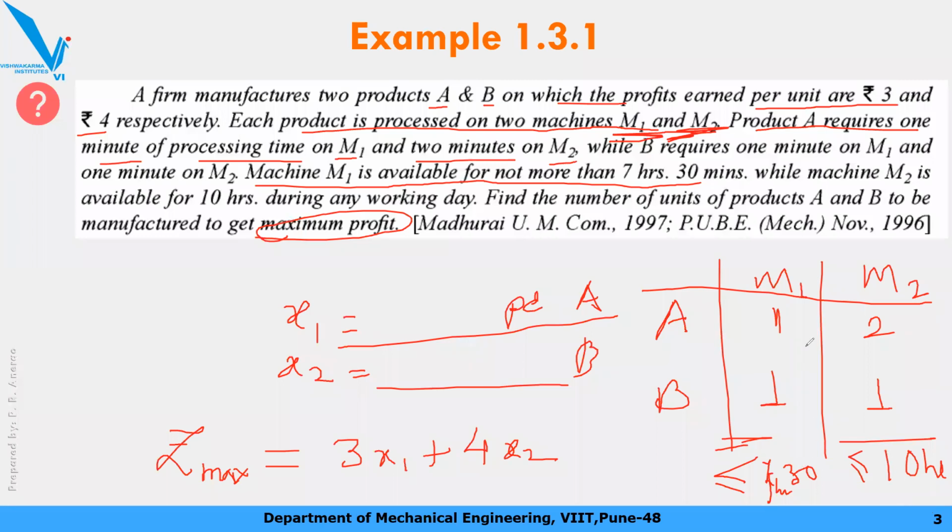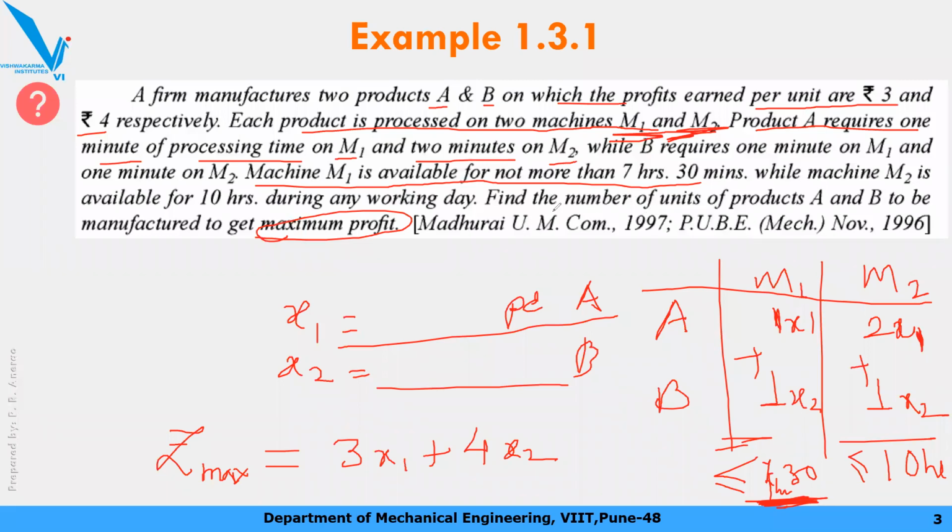Okay, so here you are going to get a constraint. So 1 into x1 plus 1 into x2 should be less than 7 hours and 30 minutes. We are going to convert it all into minutes. Then the machine 2 constraint gives you 2x1 plus 1x2 should be less than or equal to 10 hours.